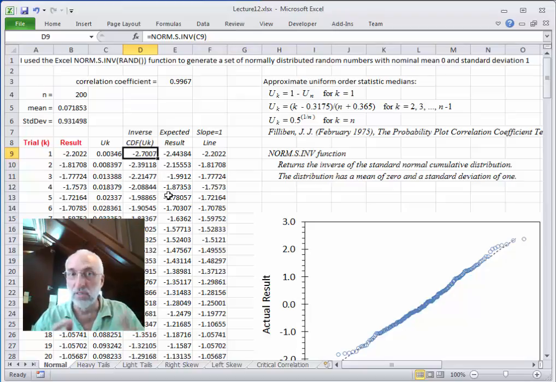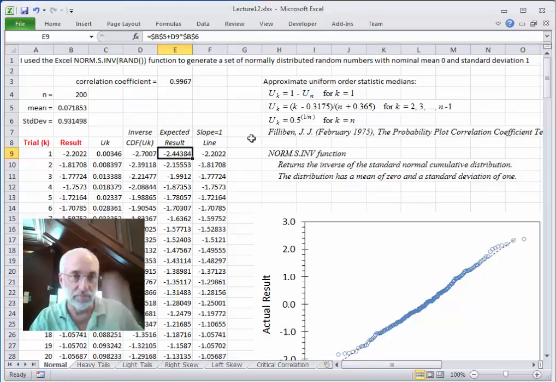I don't have to have a distribution that has those mean and standard deviation properties. So once I've inverted it, assuming a standard normal, I then take that value right here, D9, multiply it by the standard deviation from the data, which is here, B6, and add to it the mean of the data.